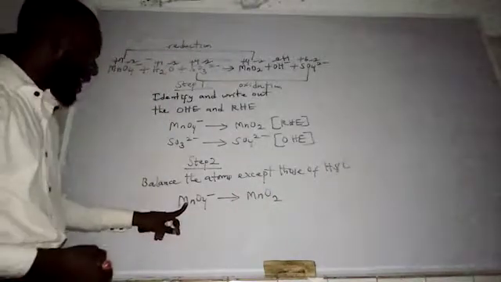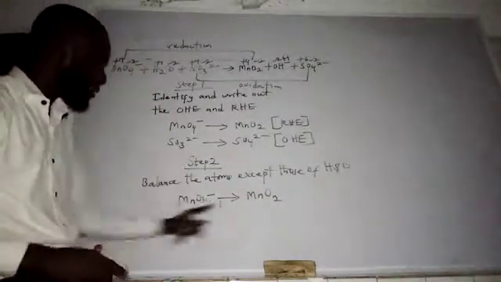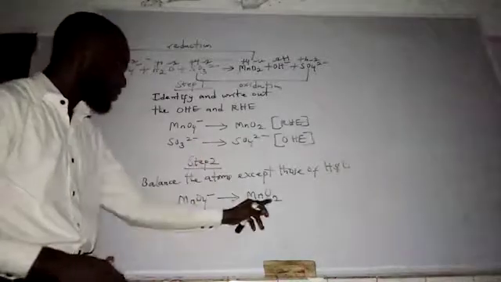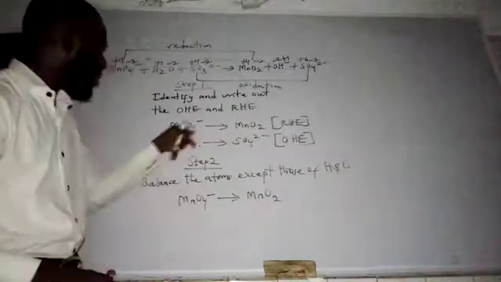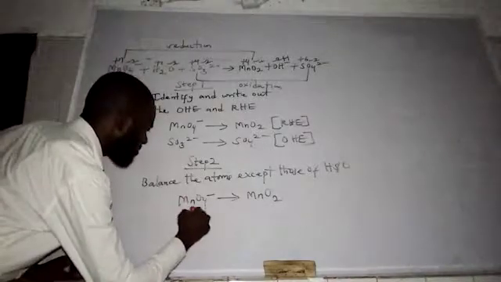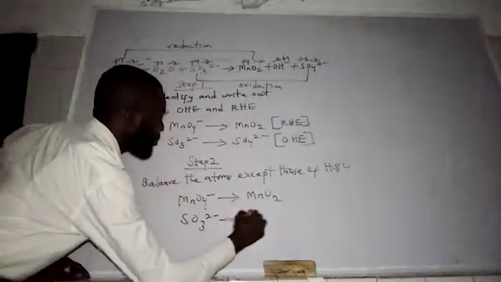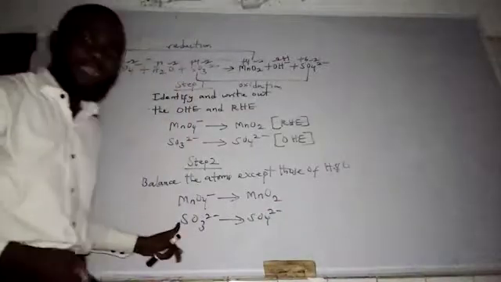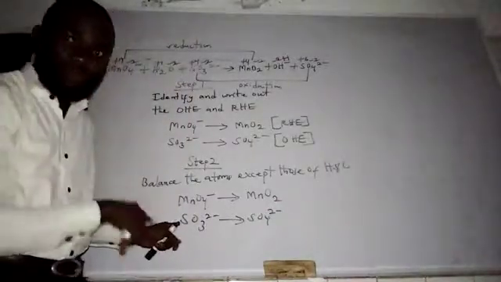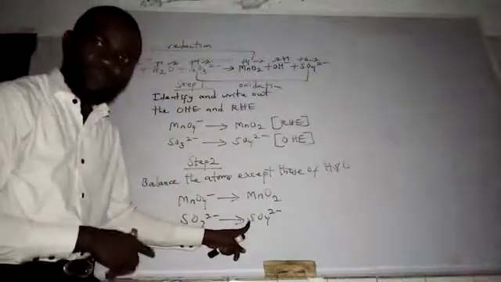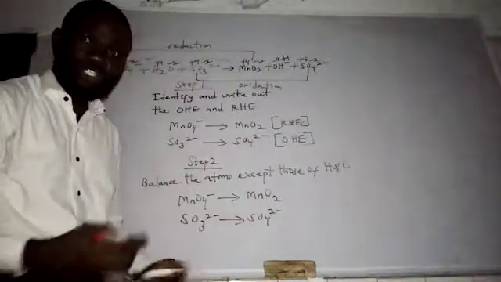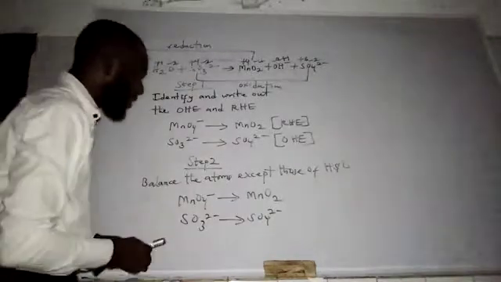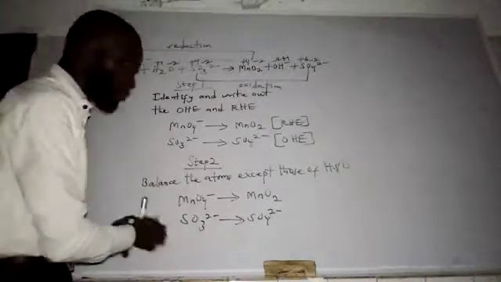My manganese, as I have one atom of manganese here, one atom of manganese. I am not concerned with oxygen, so I'll move on to this. I have SO3 2 minus going to SO4 2 minus. Now, I have an atom of sulfur here, one atom of sulfur here. So I have nothing to do with oxygen, so I'm going to proceed. So that implies that I'm done with step 2.